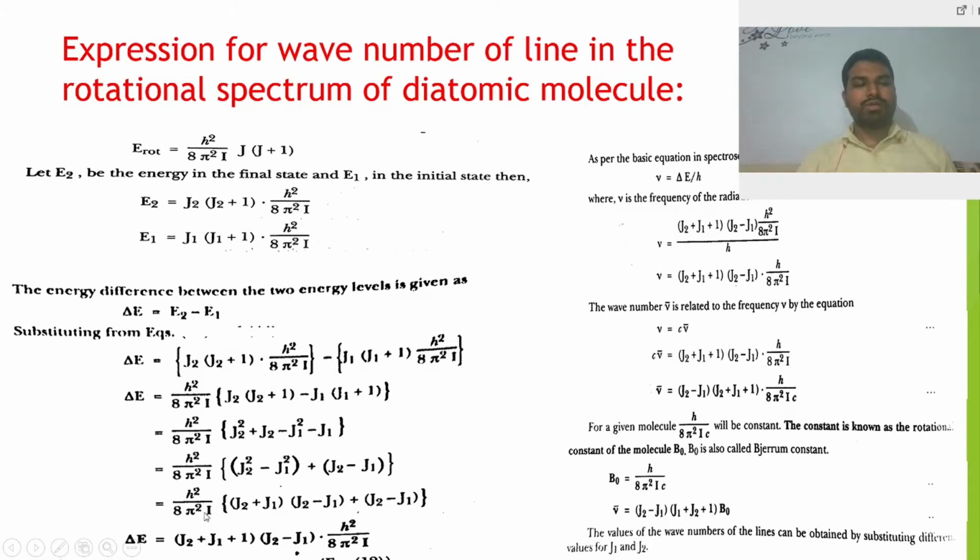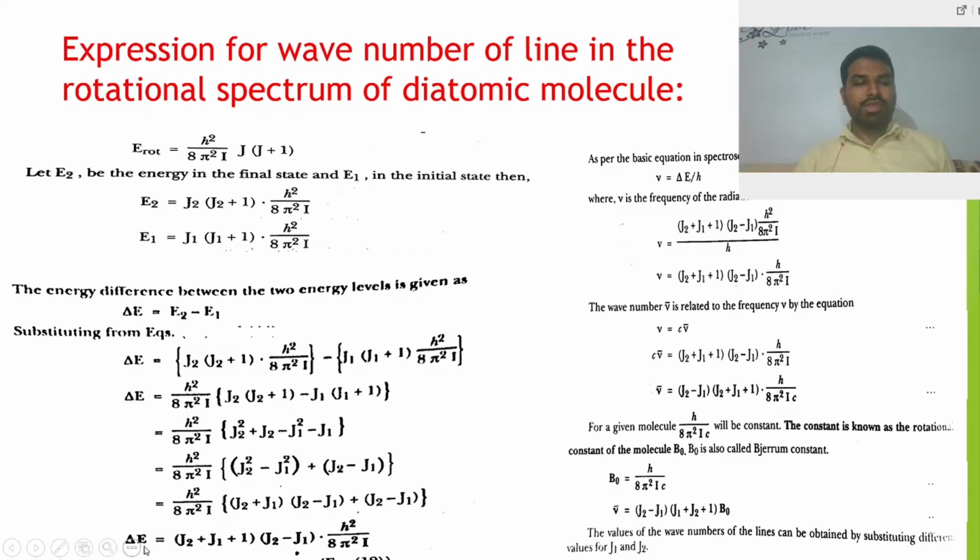h square upon 8 pi square I will be j2 square minus j1 square, plus j2 minus j1. There is a formula in mathematics, and we have put that formula over here: j2 plus j1, j2 minus j1, plus j2 minus j1. I think it is a square minus b square, something like that.